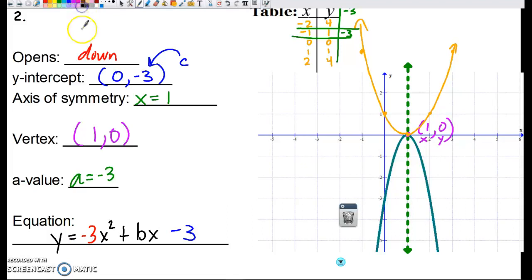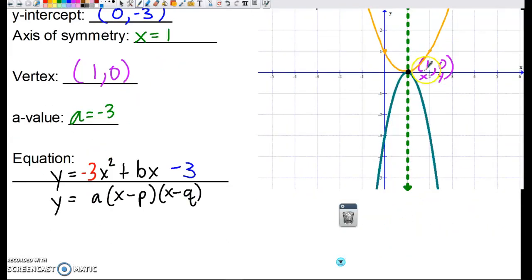To get the b value, I'm going to use the x-intercept. The x-intercept here is positive 1. So my equation to get here would have been a times x minus the first x-intercept, x minus the second x-intercept, like that. Okay, so that's what it would have looked like.